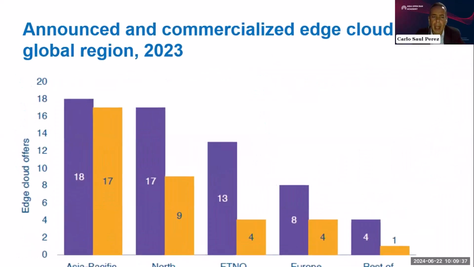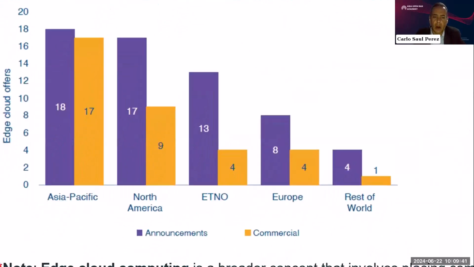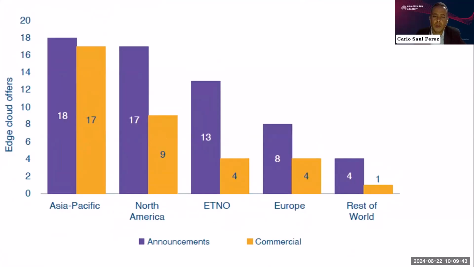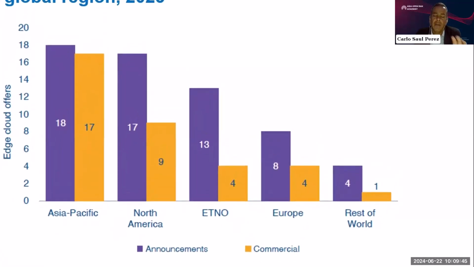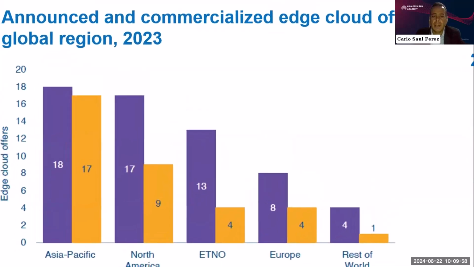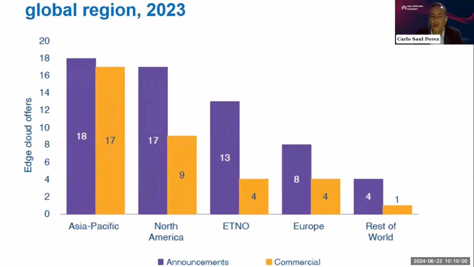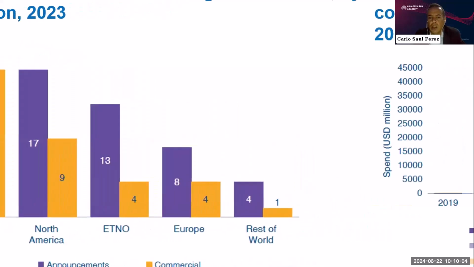As you see, for 2023 they announced all of this deployment of edge all around the world. Commercial numbers are less, for sure, but at least this shows us a little bit of how this edge computing or MEC deployment is going around the world.